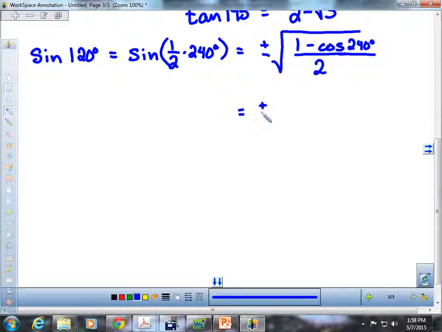So positive or negative, square root of, okay, cosine of 240. Now we've got to come kind of out of a sidebar here and figure out what the cosine of 240 is. Okay, well, where is 240? It's third quadrant, right? 240 is quadrant 3, where cosine is negative. So negative cosine.